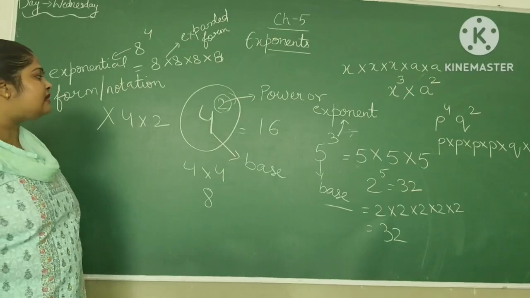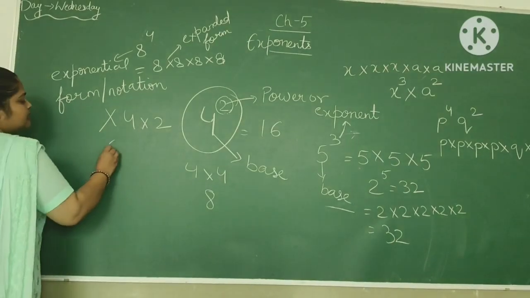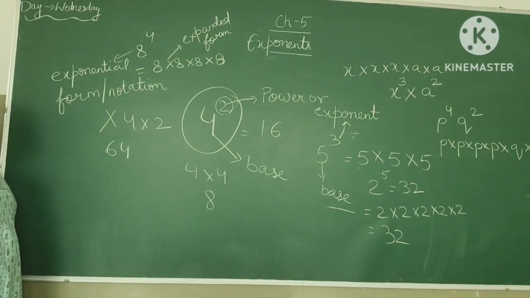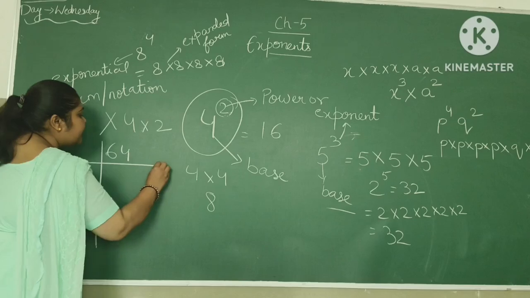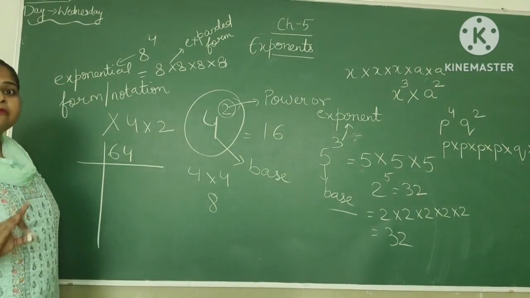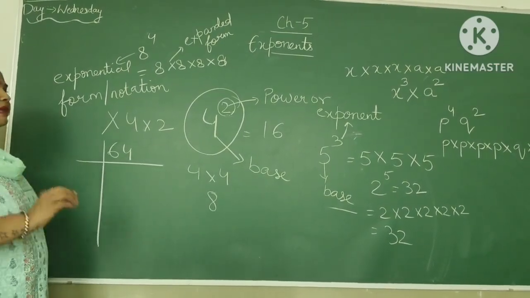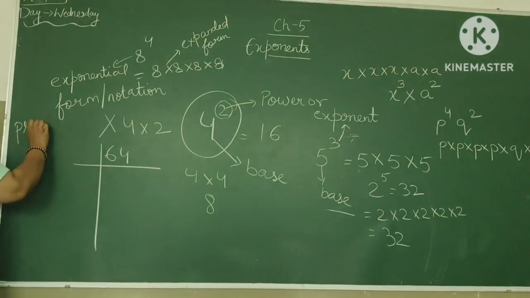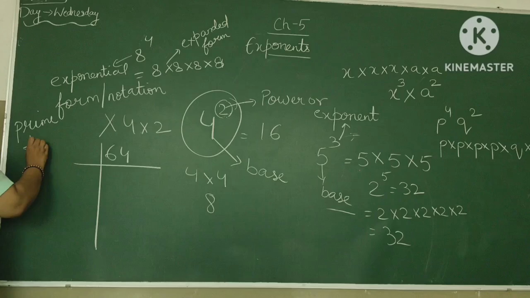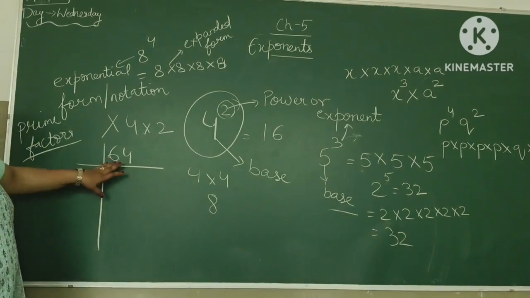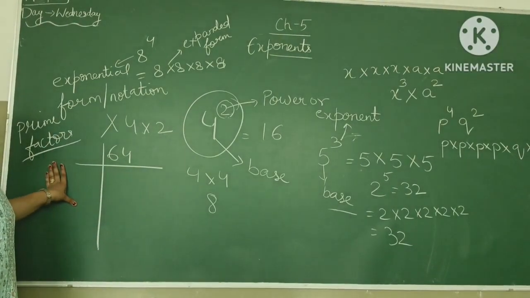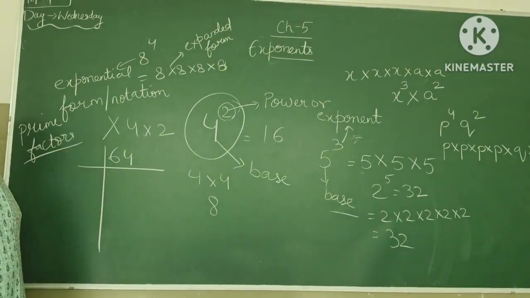If the question is in the vice versa form, like say 64, and you have to write it in exponential notation, what you have to do is start taking the LCM of the prime factors. This is very important. Always take the LCM of any number using prime factors to write that number in exponential notation.